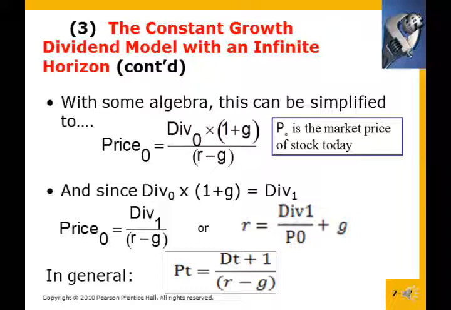So the future price for a stock, for example, in year 7, P7, will be equal to dividend 7 plus 1, which is dividend 8, divided by r minus g, and so on. So the general rule: price t equals D t plus 1 divided by r minus g. And again, this rule will be used in the fourth model, the last model.